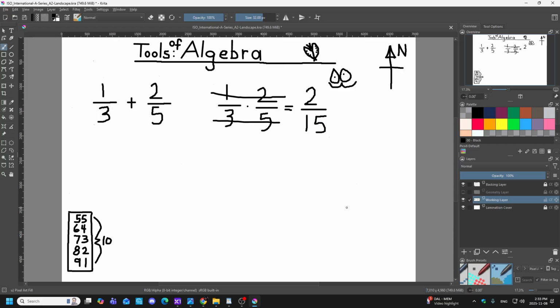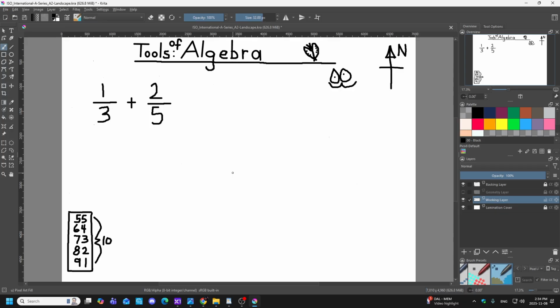It's that easy. I think a lot of individuals, this is kind of the most challenging area for fractions for people, and that is okay. Let me show you how to do this, adding fractions together.